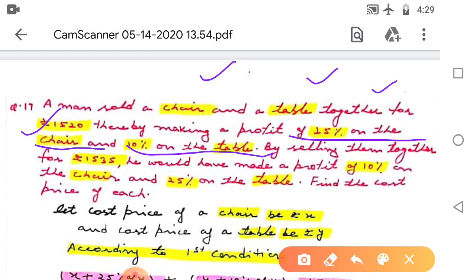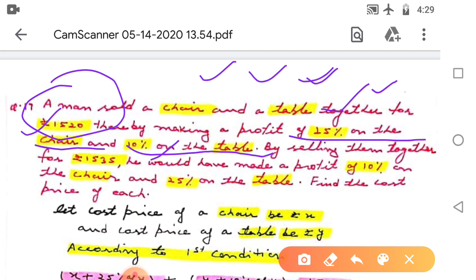When he sold the chair and table, he makes a profit on the chair of 25% and a profit on the table of 10%, making 1520 rupees. Clear?